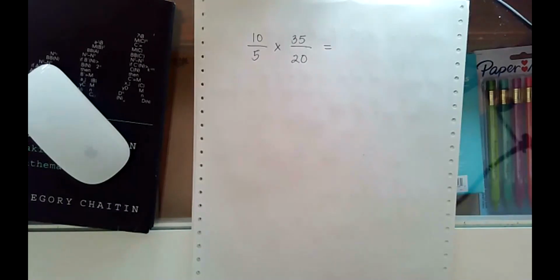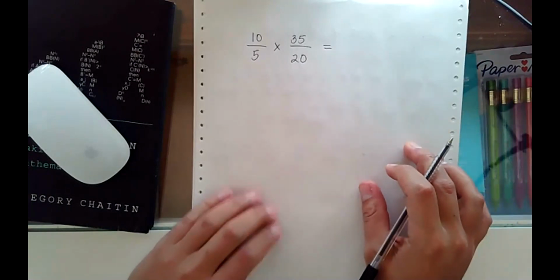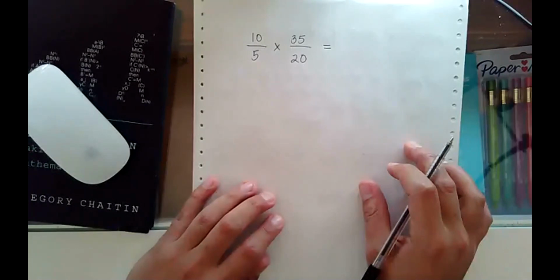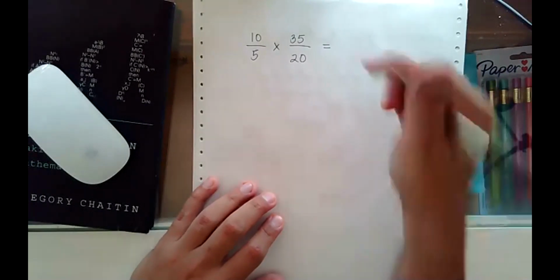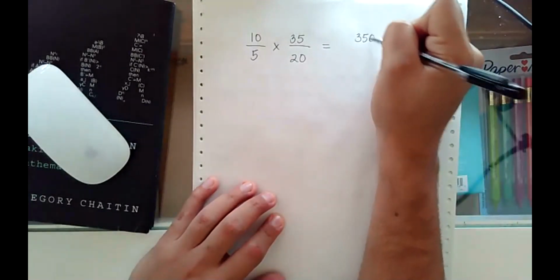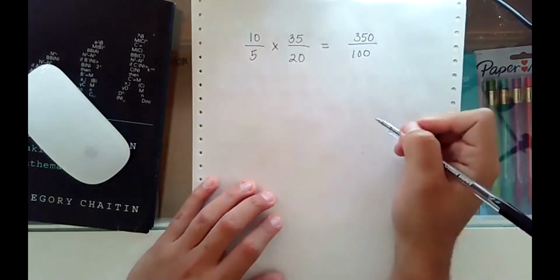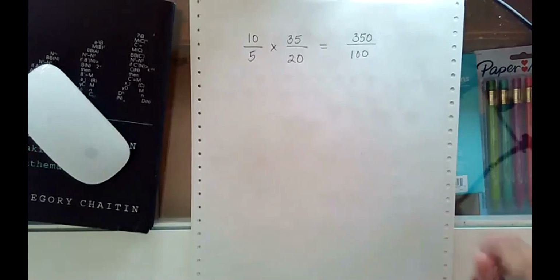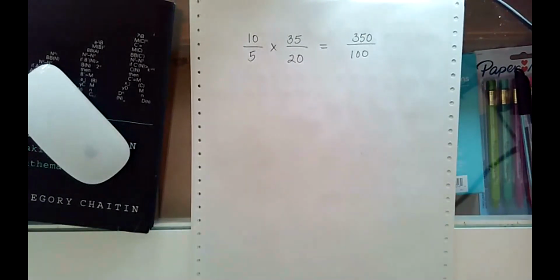What should I get here? 350 over 100. Does anybody know how I would go about simplifying this? Or does anybody know how to go about simplifying that? Can it be simplified?